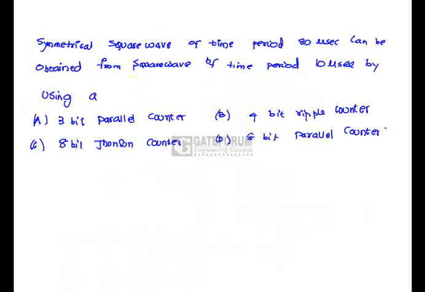Square wave of time period 80 microseconds can be obtained from a square wave of time period 10 microseconds by using... Here we know that in case of a mod n counter, F out equals F in by n.